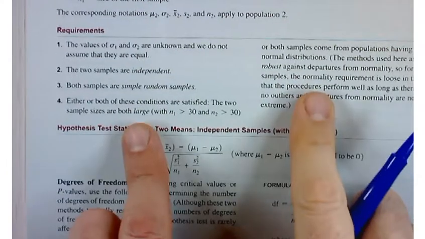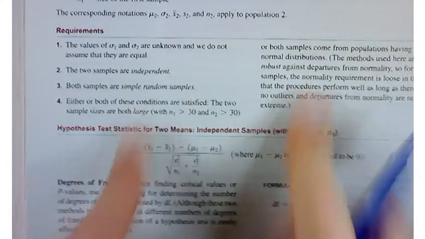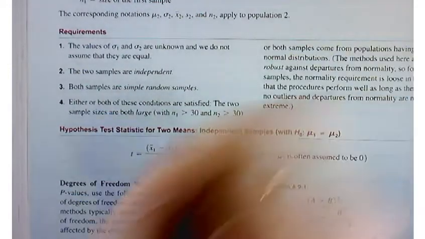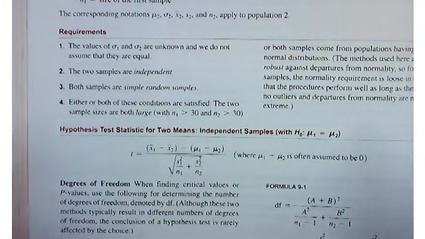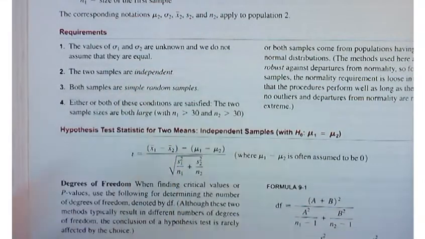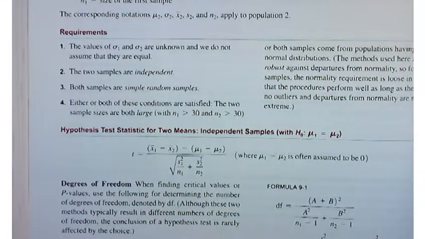We're not going to spend our time testing these assumptions in this section just because it kind of slows us down. But these are the requirements, and once you leave this classroom, you should be spending a little time making sure that the requirements are satisfied. The big thing, though, is that they're independent samples. And we'll start with problem number 12.